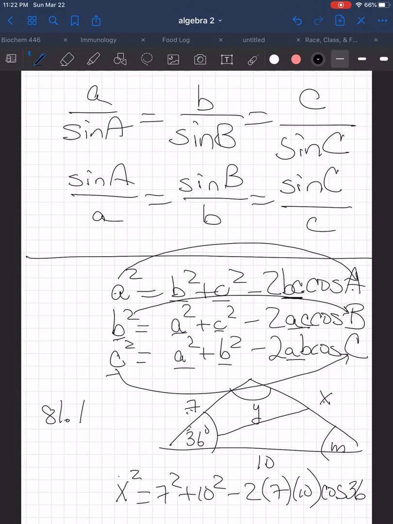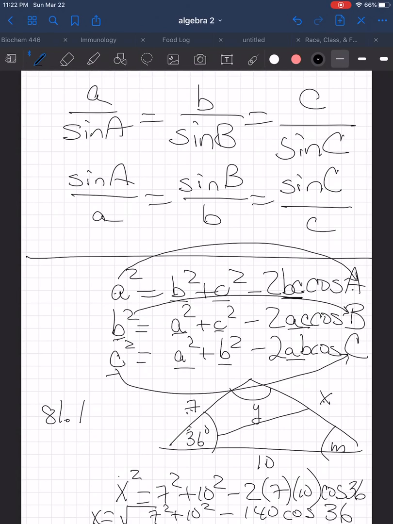So now you can put this in your calculator just like that. You're looking for the square root of this, so you would put square root in the beginning and then type this in just like it is. 7 squared plus 10 squared minus 14 times 10 would be 140 cosine of 36.